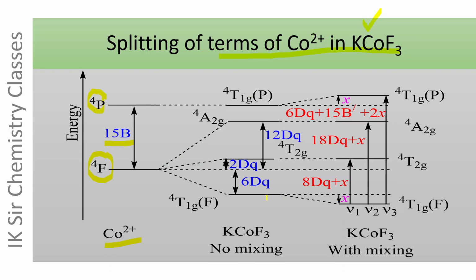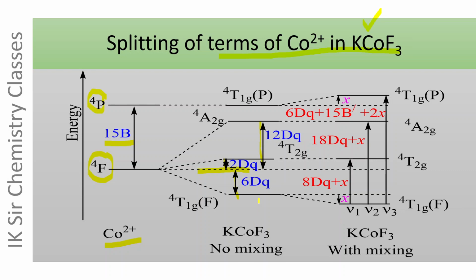Now let us see the energy differences between these states. This energy is 6 Dq. This energy difference is 2 Dq as discussed in the earlier slide, and this energy difference is equal to 12 Dq. Now the minimum energy transition ν1 requires how much energy?